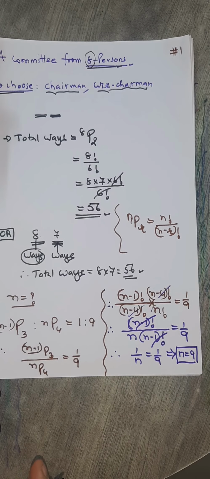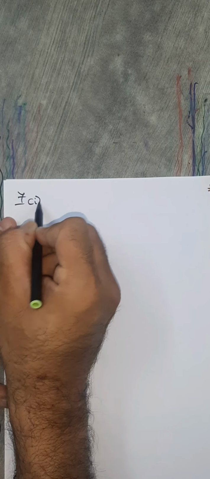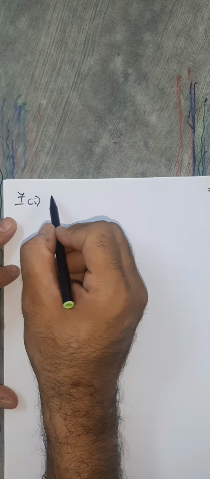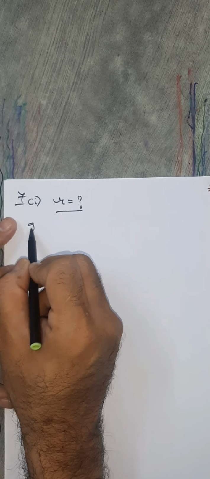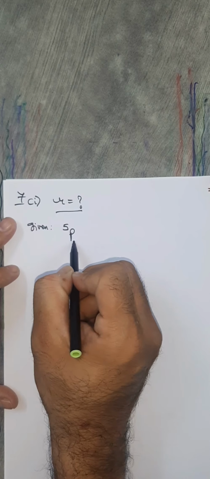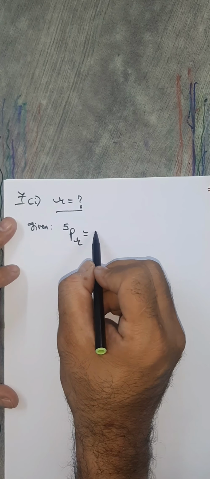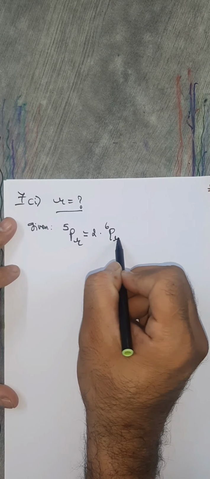Question number 7. Let's do the 7th question. You are asked to find r. The question is, get r. What's given to us? 5pr equals 2 times 6pr minus 1.